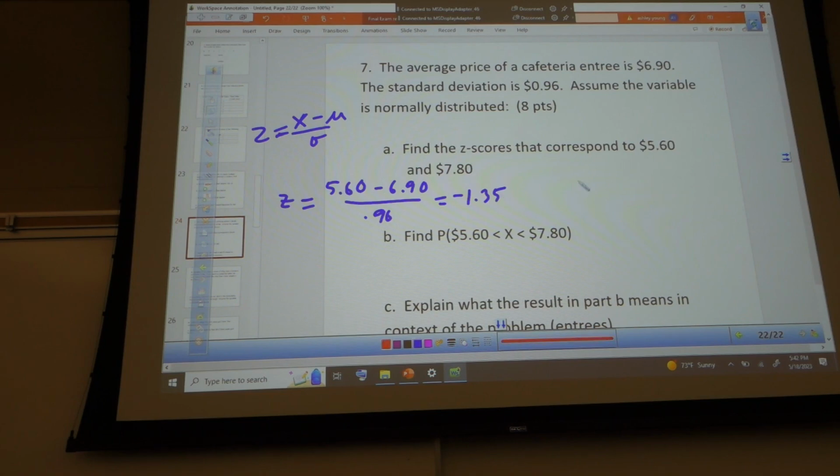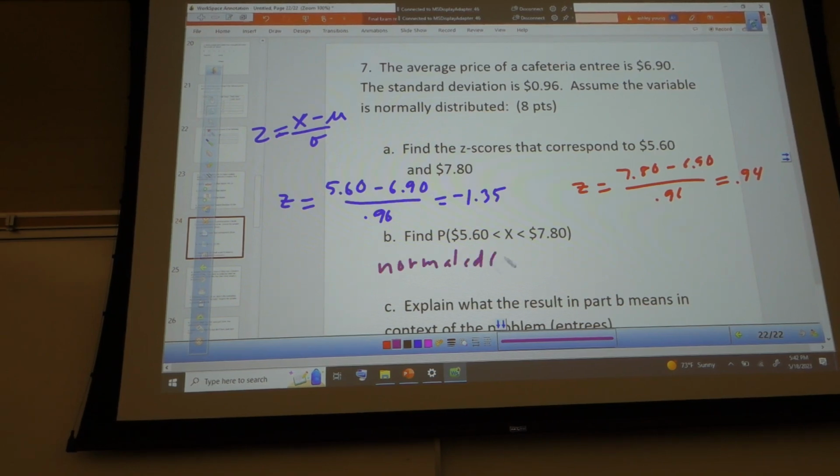And then the second z-score was for 780, so 780 minus the mean over the standard deviation, and for that one you got 0.94. Great. And then we did our normal CDF of the lower z-score, comma, the upper z-score.